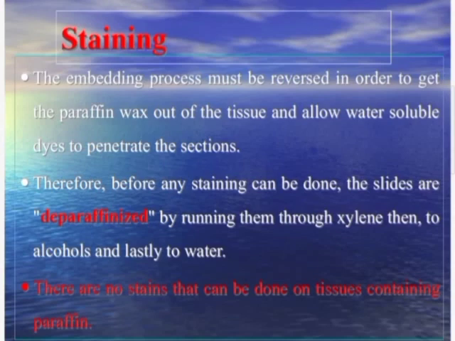Then we will counterstain this tissue by putting the slide in a jar containing eosin solution, which is red in color. Then we will remove the slide and rinse it again under tap water.